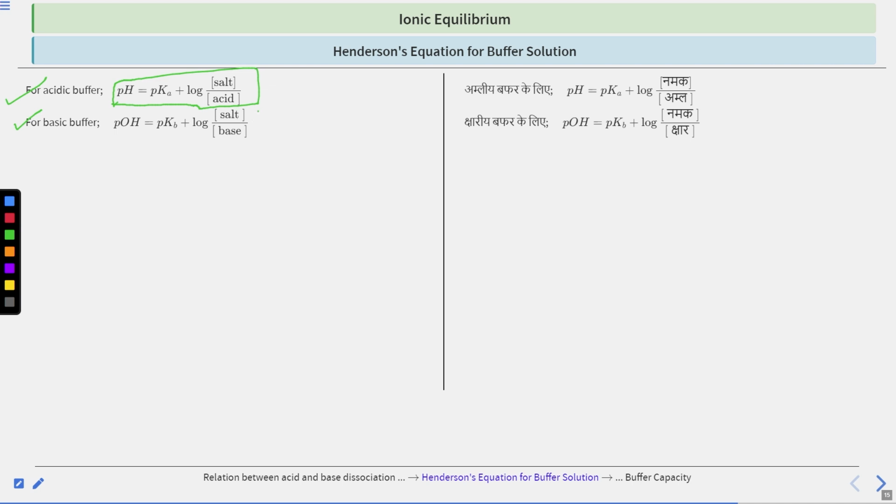Okay, so these are the two equations given by Henderson for the buffer solution. For acidic buffer, it is in terms of pH, pKa and acid concentration, and for basic buffer, it is in terms of pOH, pKb and the base concentration. So these are the two equations known as Henderson's equation for buffer solution, acidic and basic buffer.